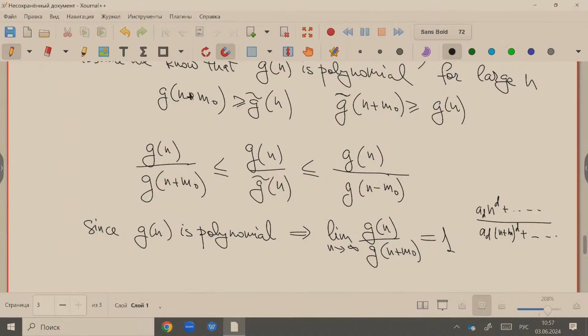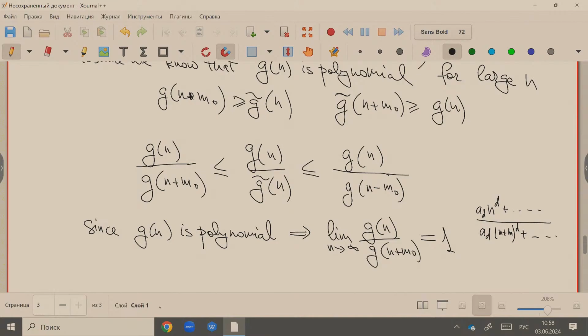Because the first is a polynomial of the form n^d plus something, and the second is (n + n0)^d plus something, when you open the brackets, these are just polynomials of the same degree with the same highest coefficient.